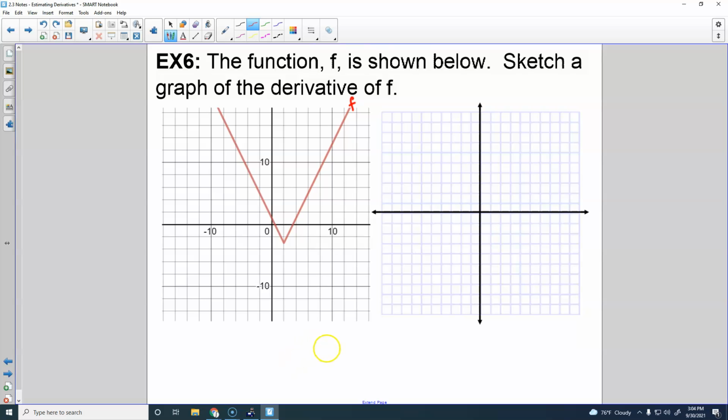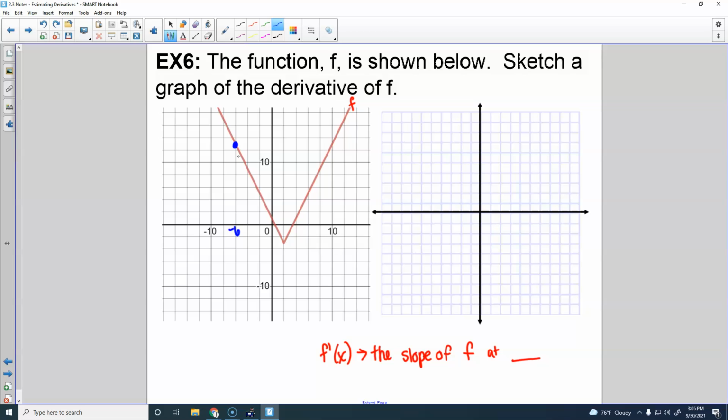So f prime of x is the slope of f at whatever point that you're looking at, right? So if I look right here, let's say at negative 6, that's negative 6 right there. What's the slope of that line?